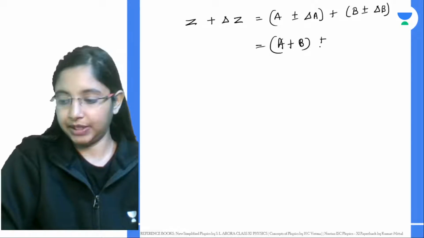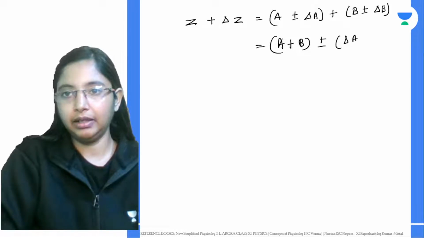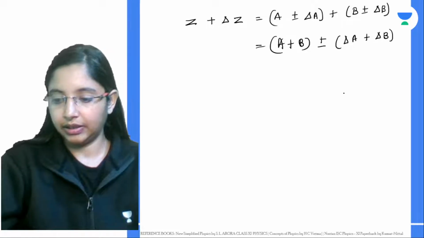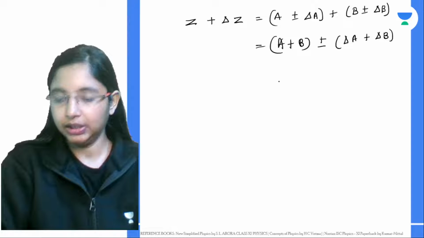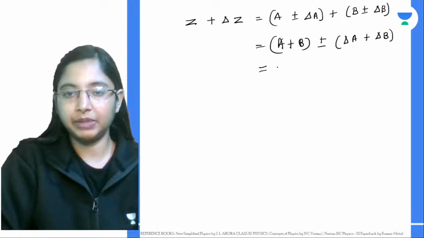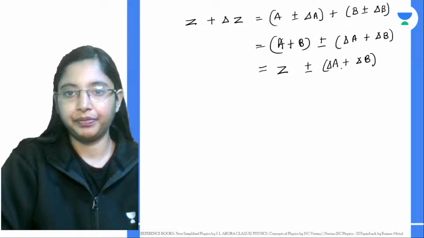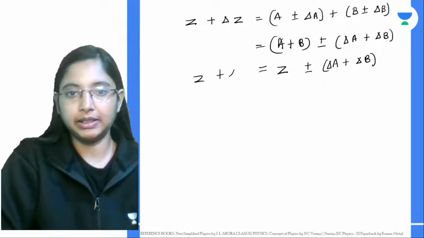Then I'll have plus or minus delta A plus delta B. So from here, A plus B is Z, so Z plus or minus delta A plus delta B. So this is equal to Z plus delta Z.